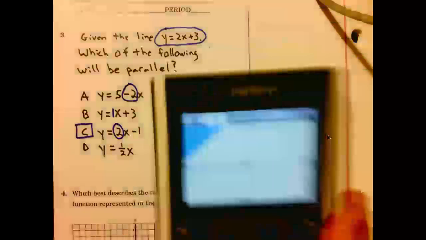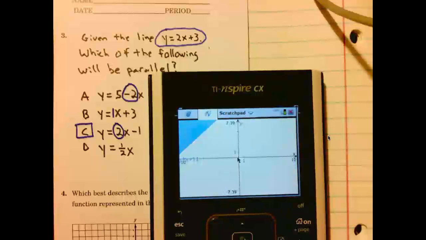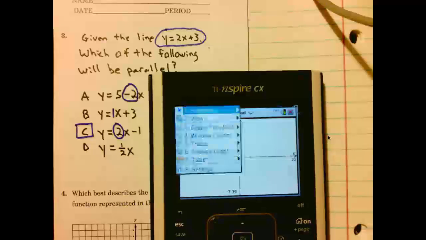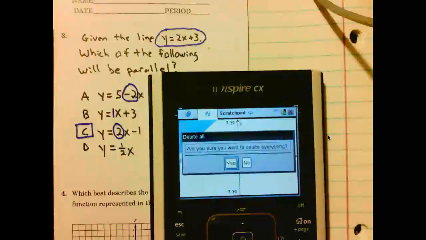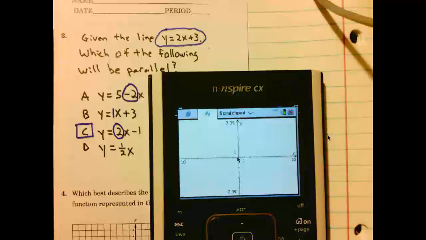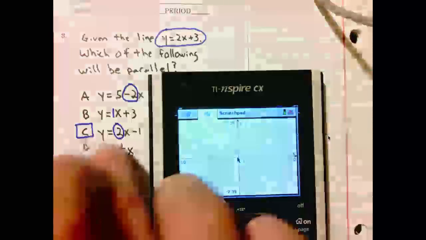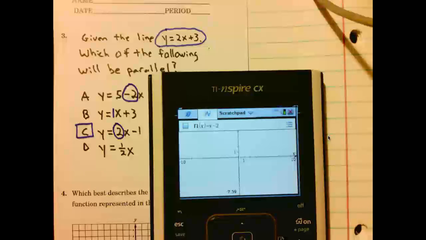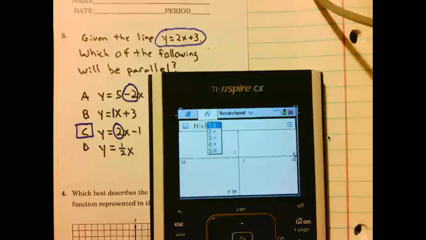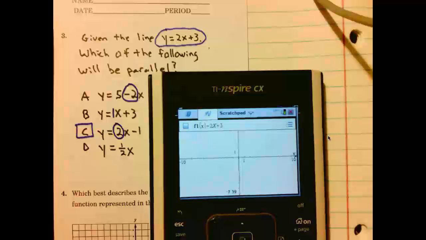Alright, come into my calculator. I'm going to menu, actions, delete all, 4, yes. And now I'm going to graph this line and this line. Tab, it says F2, let me scroll up to F1. I want 2x plus 3. Enter.